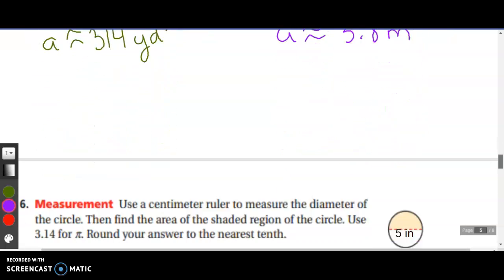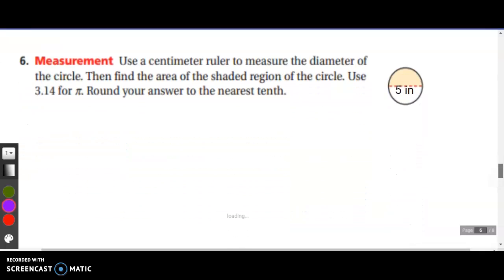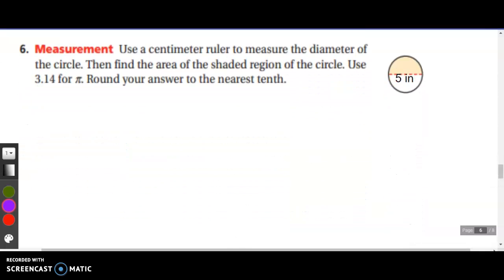Okay? All right, 2 more problems that I want to talk about is, now we're given this situation where they want us to find the area of the shaded region. Well, I'm not going to have a special formula for half of a circle or a semicircle. What I'm going to do is I'm going to find the area of the whole circle and then divide it by 2, because that will give me what half of a circle is.